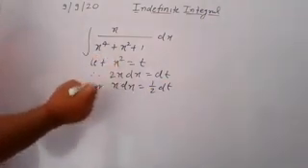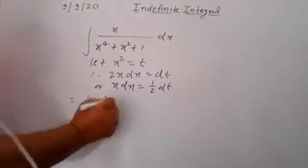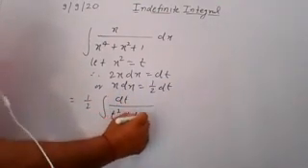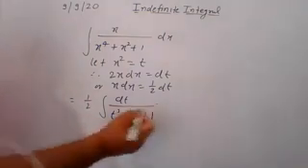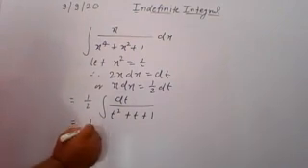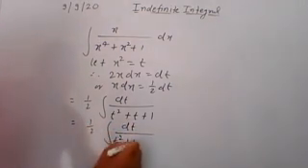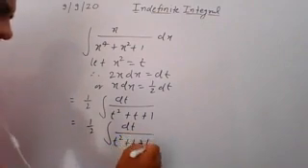Now using all those results in the given integral, you have 1 upon 2 dt upon t square plus t plus 1. Now applying the completing-the-square method, because this is in the form of ax square plus bx plus c. Here you have 1 upon 2 dt, t square plus t. Now taking half the coefficient of t, you have 1 upon 2.